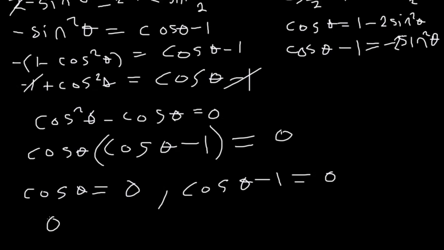So here your theta you find to be, so cos inverse of 0 you find it to be 90, and then this side you take that negative 1 to the other side of the equal sign, you are going to have something like this. So cos inverse of 1, you get your answer to be 0.